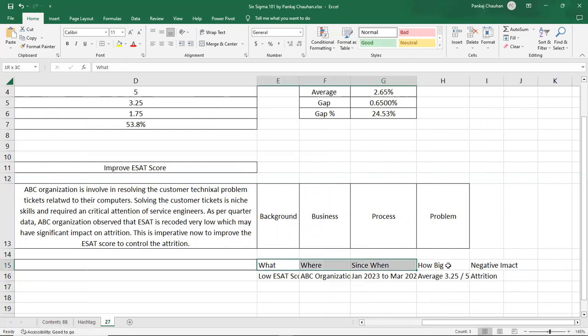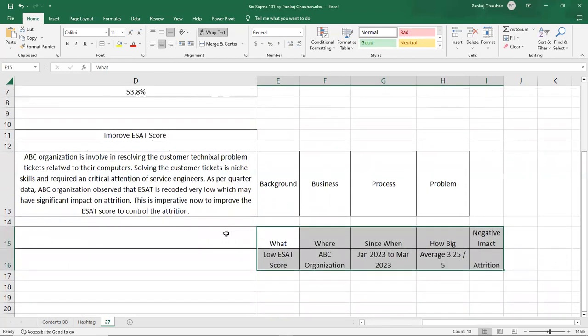So this is the way once you identify these 5 words' answers, then we will write our problem statement by combining these 5 words. So how should we combine?